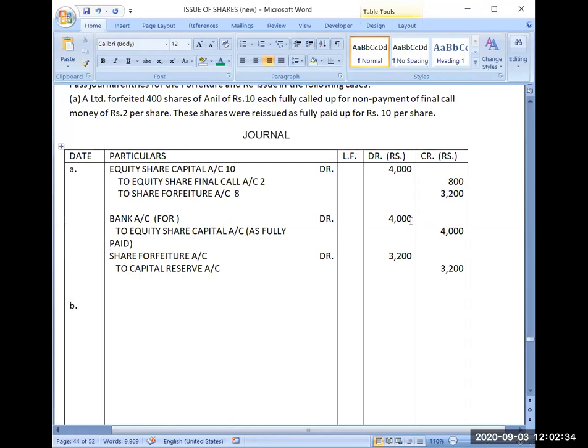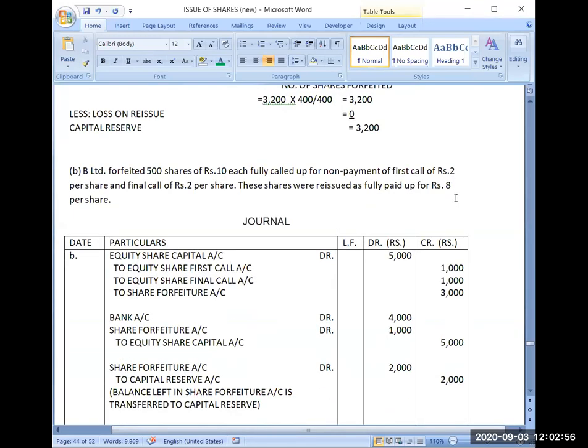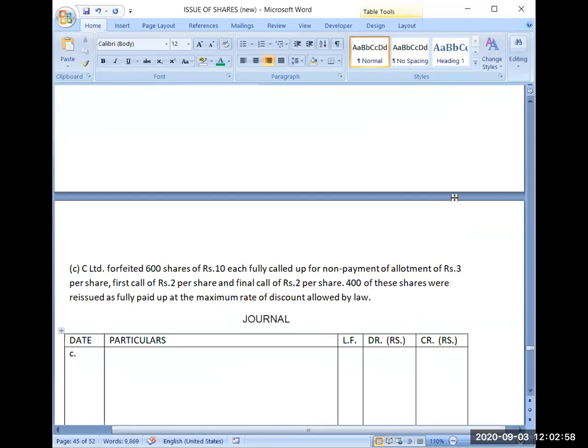Then how much amount I will be receiving in my bank? 4,000 minus 3,200, 800 I have to charge. Fine. Now apply the same rule here. In case C, you are reissuing 400. Okay, so first do the entry for forfeiture. Then you will be much clear about that.